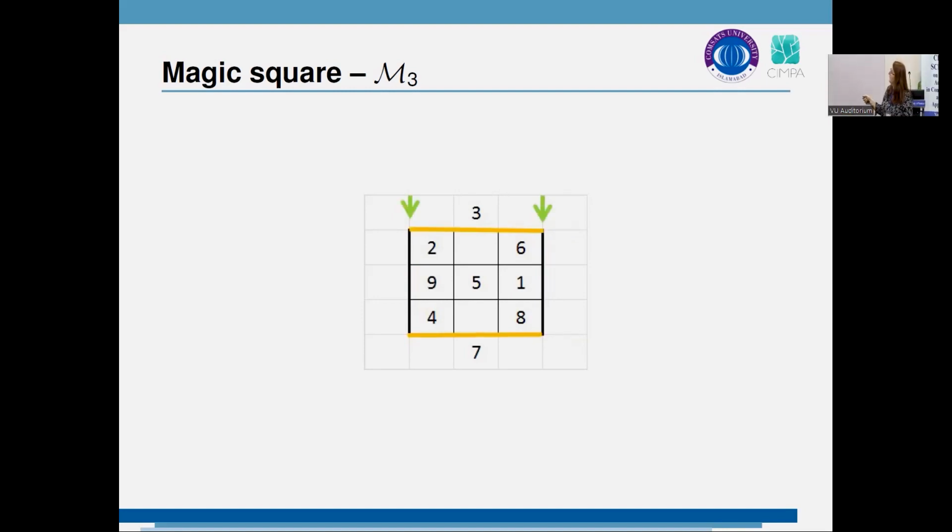So number 3 will come to this hole. Here we identify this line with the bottom line. And then the last step. And we are done. So this is, again, a very simple construction that works. Yeah, and we can check that the sums are always 15.